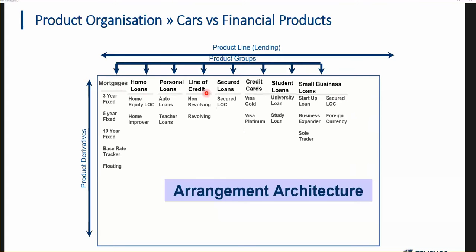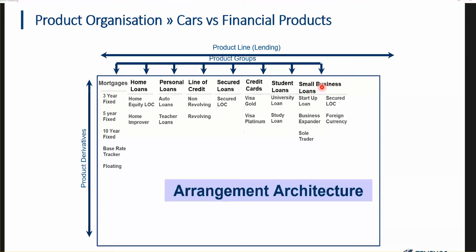This is up to the bank what sort of groups they're creating. These are just products with similar features, a high-level grouping. A product group cannot be sold to a customer. It's just a logical grouping internally that OCB will do.